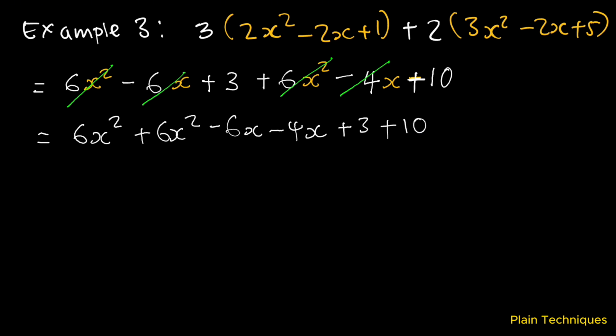Okay, now the next step is to simplify, right? So since these are like terms, I just go ahead and write x squared, okay, right, because these two are like terms, right? x squared, and simply add the coefficients 6 plus 6, which gives me 12, right?